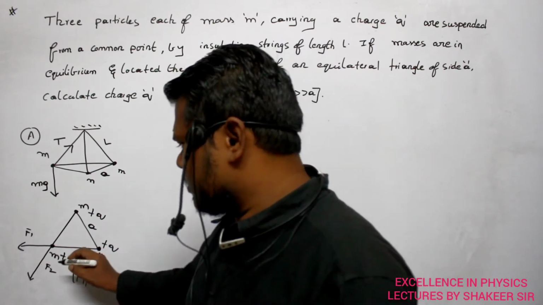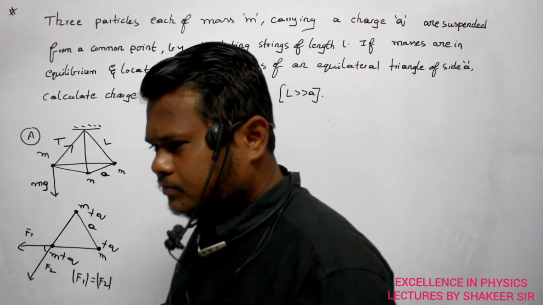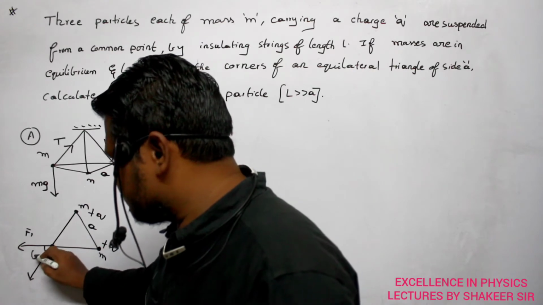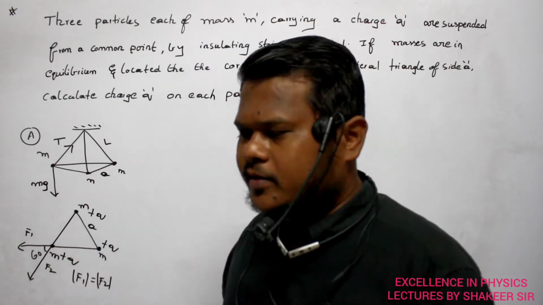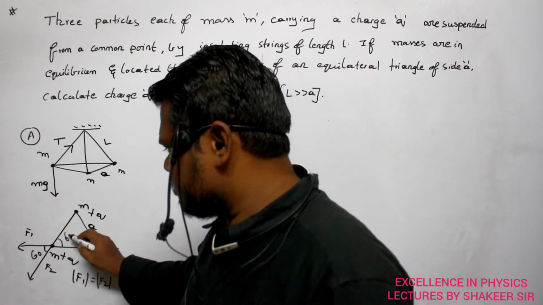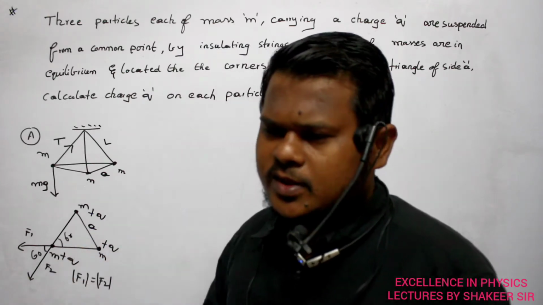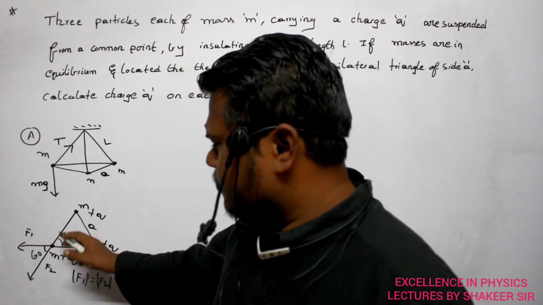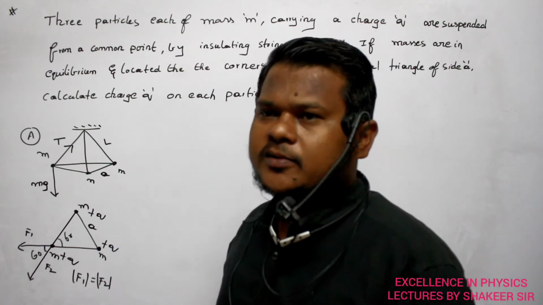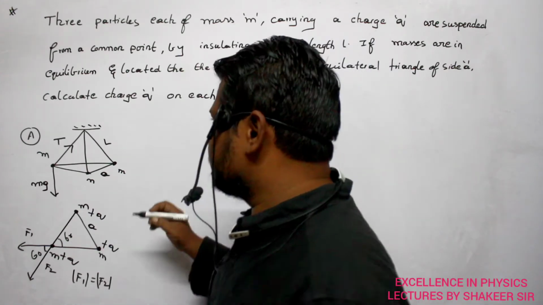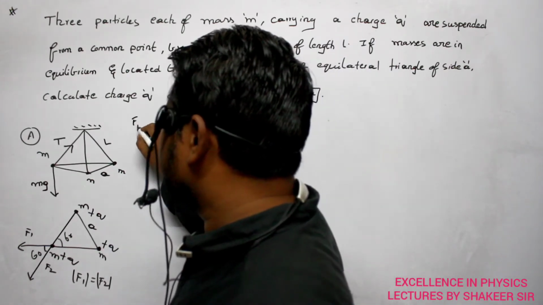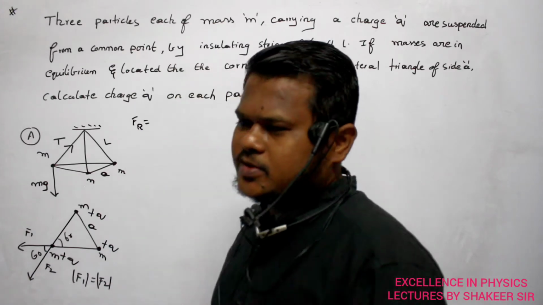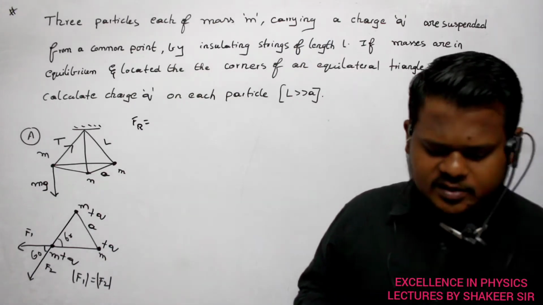Clear? Then what is the angle between them? The angle between them is 60 degrees, because it is an equilateral triangle. So if this angle is 60, definitely this angle is also 60. If two equal forces are acting at an angle of 60 degrees, then what is the resultant force I can write? Already we have studied one relation in the last classes.